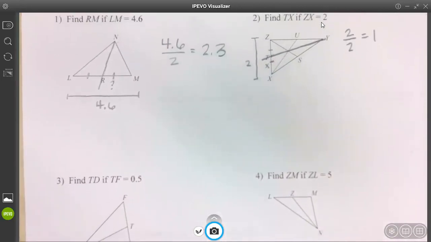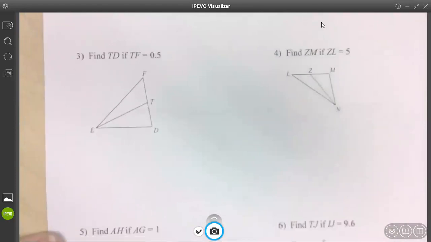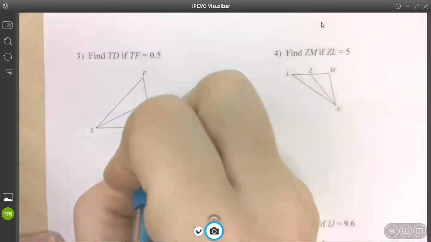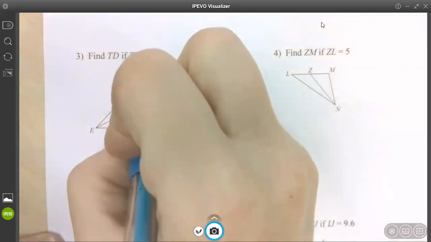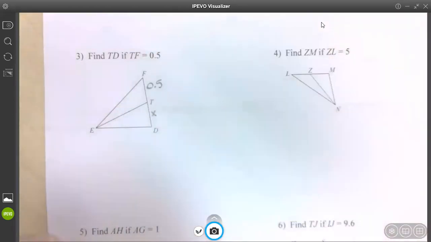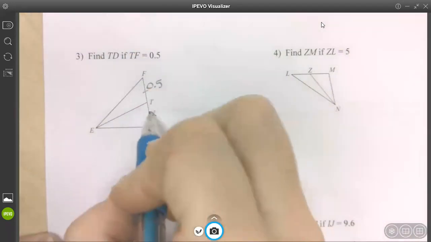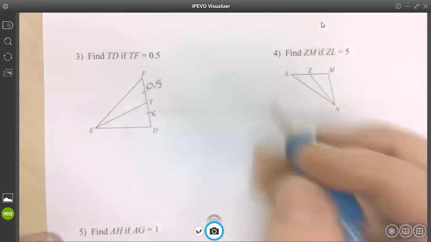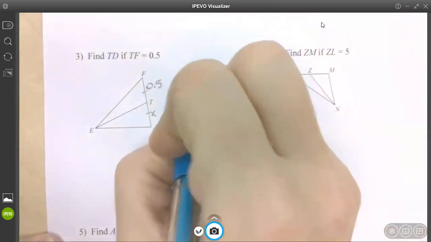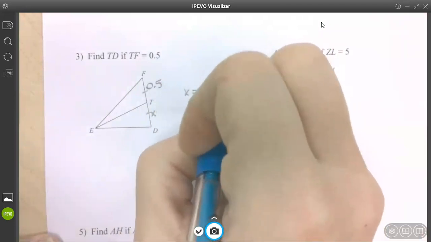Okay, look at your next one. We're looking for TD. We're not sure what this is, but they give us that TF is 0.5. Remember what we said, these two parts are going to be equal. So if TF is 0.5, then TD is going to be 0.5 as well.